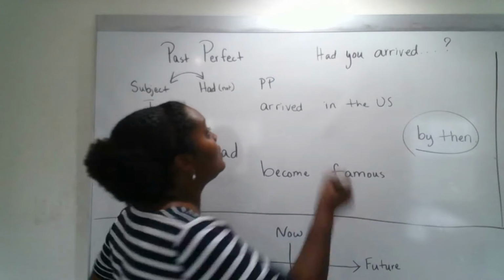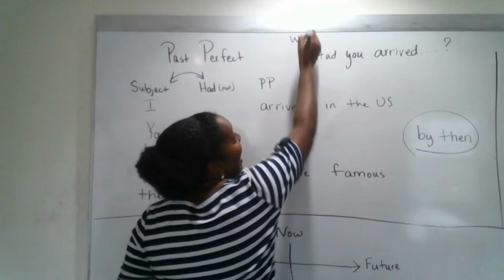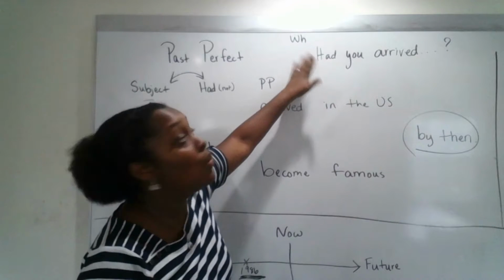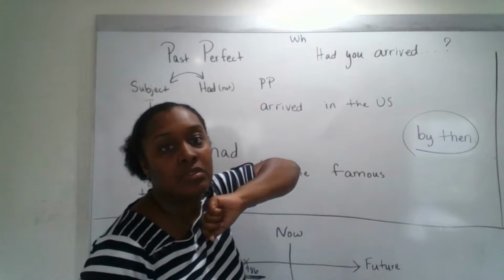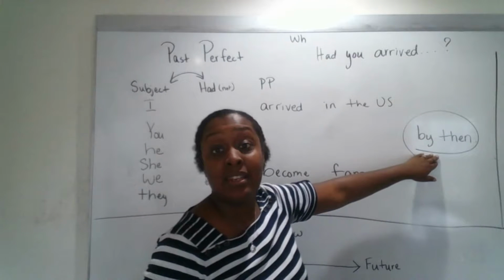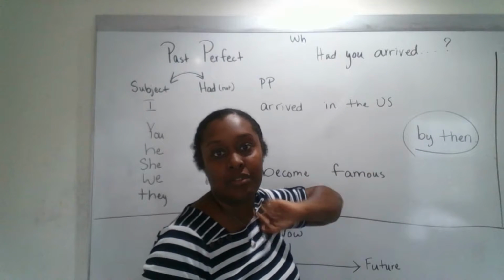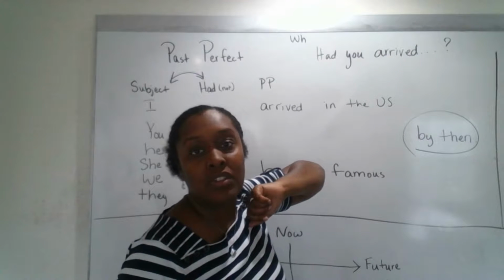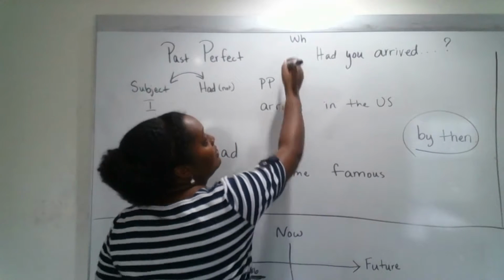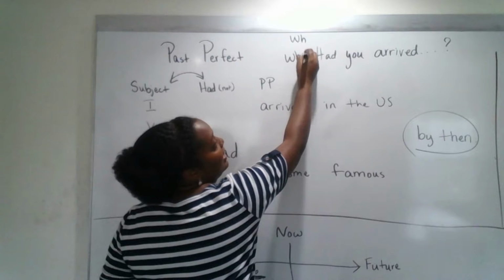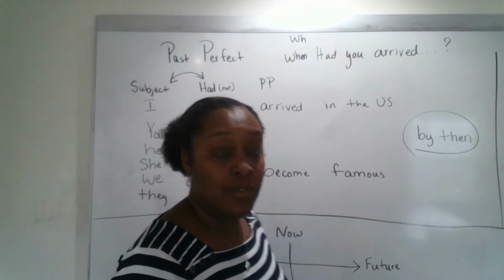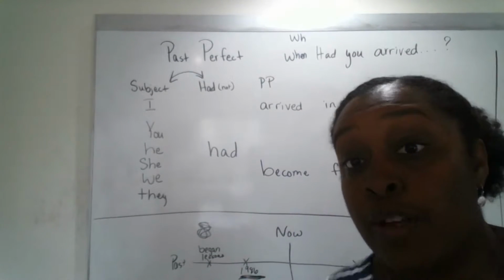If you want a WH question, we just add the question word before the had. When had you arrived in the U.S.? We would not say by then, because by then is the answer. So we would say, when had you arrived? And the answer would be, I had arrived by 1986. Okay? That's past perfect.